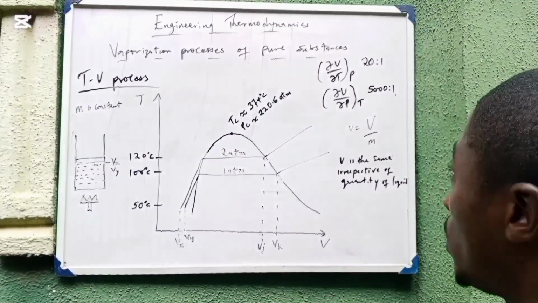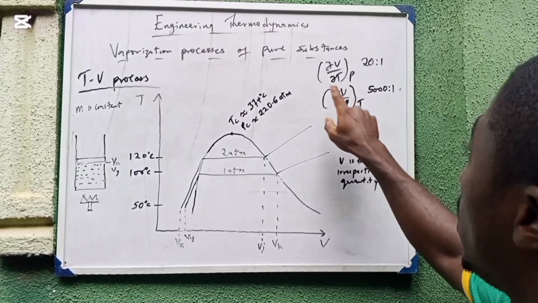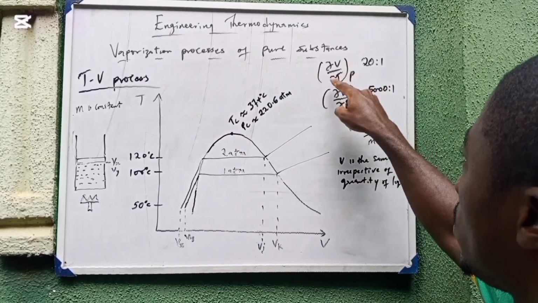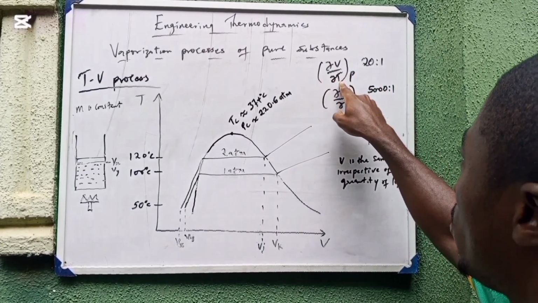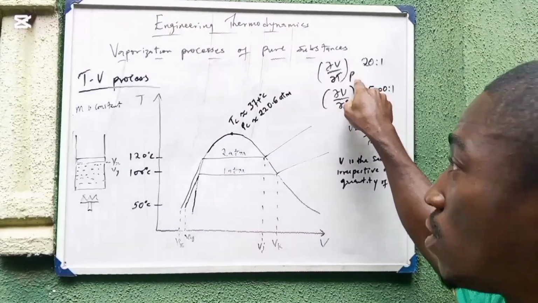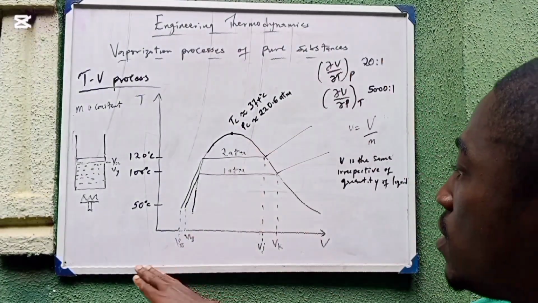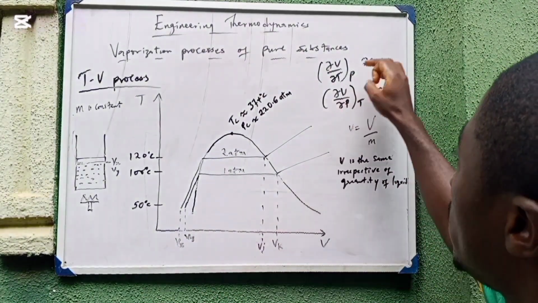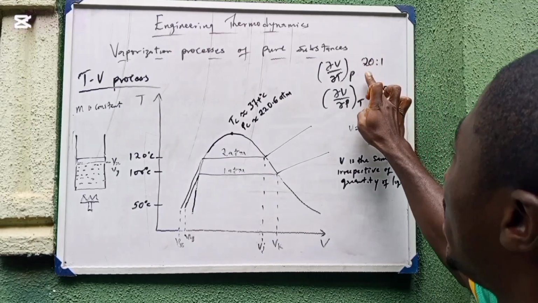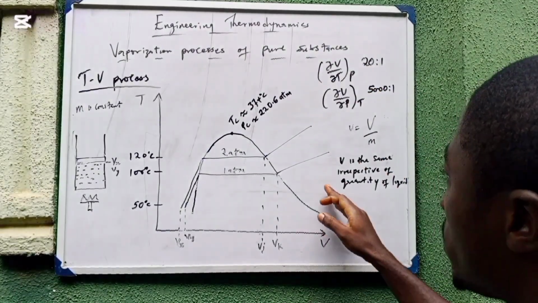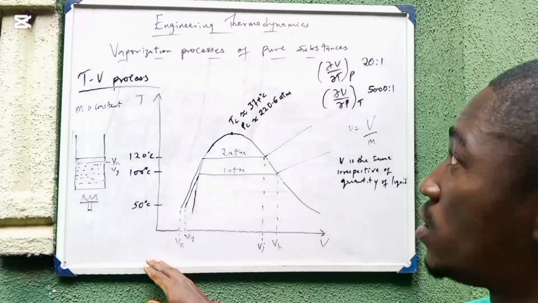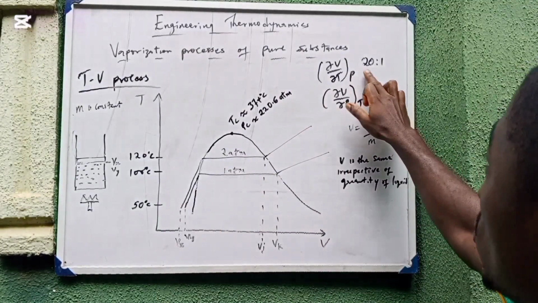Now I want you to look at this. Here we have the partial derivative of v with respect to temperature at constant pressure. This is for the T-v graph. What this is telling us is the ratio at which vapor expands compared to compressed liquid. You can see the ratio is 20:1.